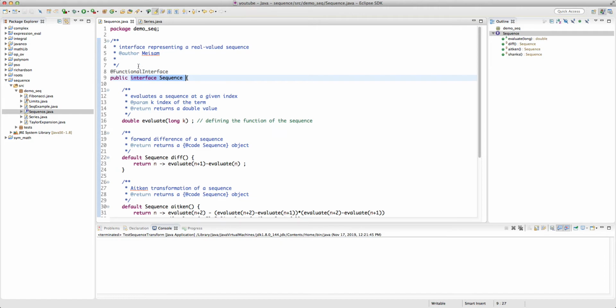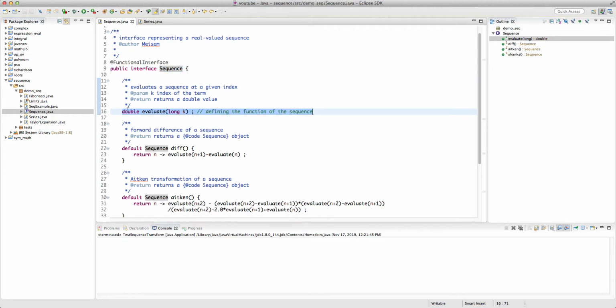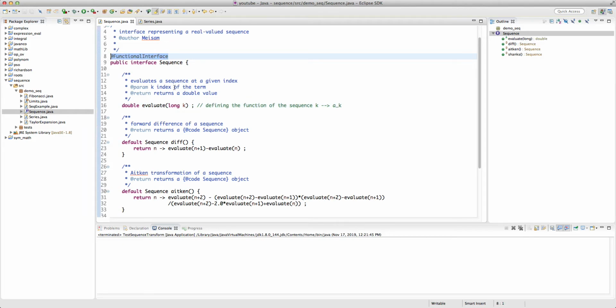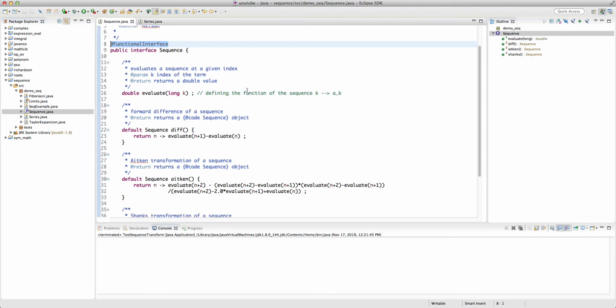Now, in order to evolve this interface, we already have this functional interface. So this is our public abstract method, which is called evaluate, and takes a long variable k and basically calculates a_k. So k goes to a_k, all right? And again, we want to only have one public abstract method to be able to use it as a functional interface and use it as lambda expressions.